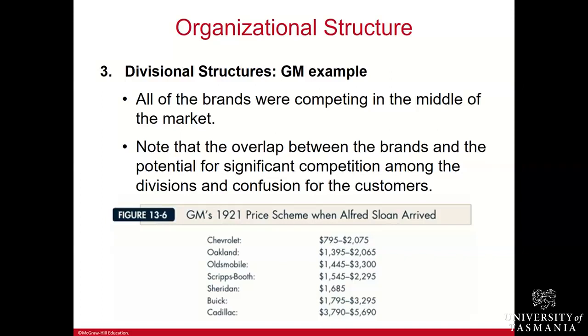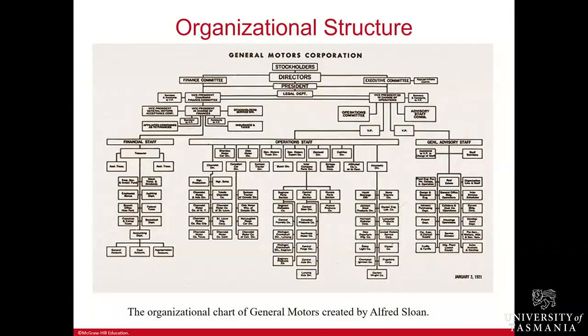But what happened then? Alfred Sloan is very famous for this model. He changed the system. This is the organizational chart of General Motors created by Alfred Sloan. He said we are going to have divisional product units.